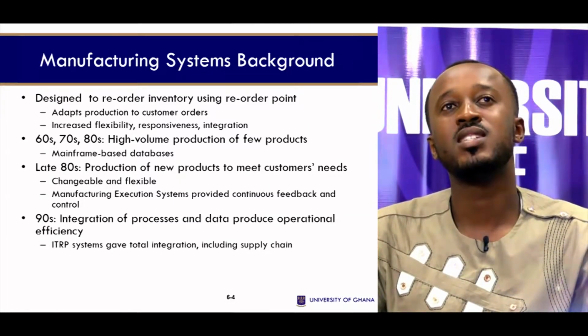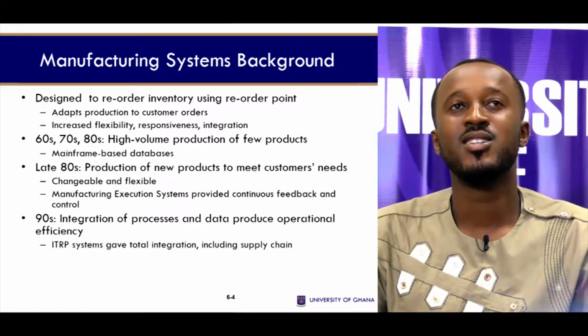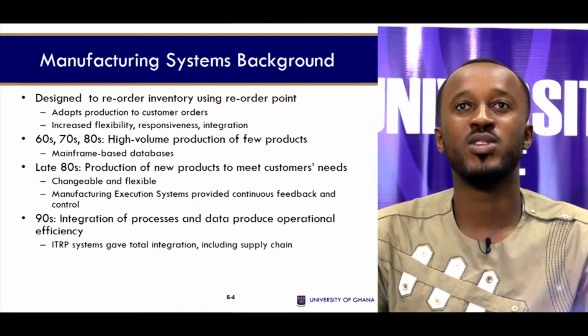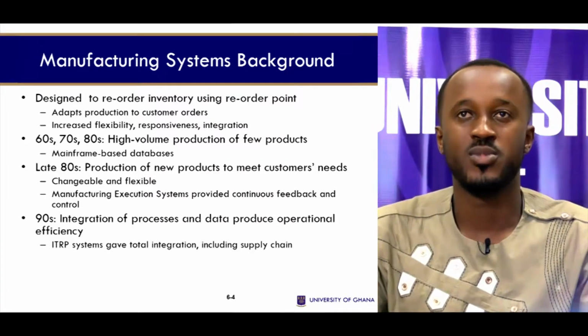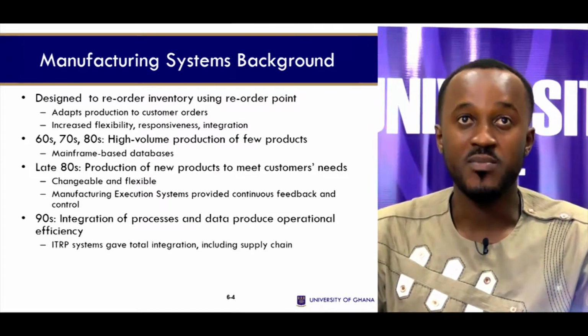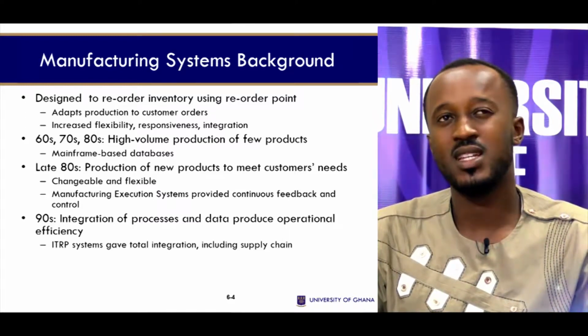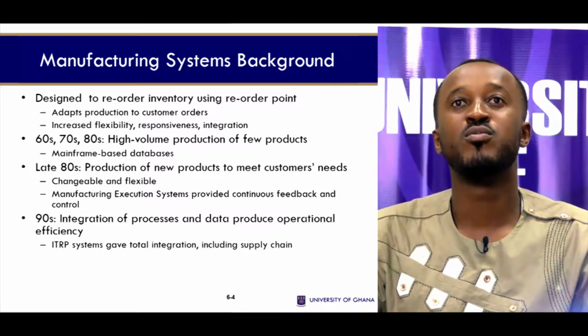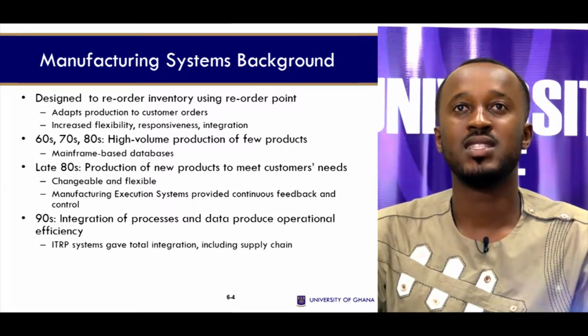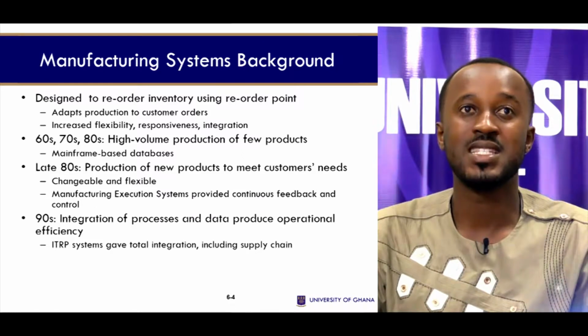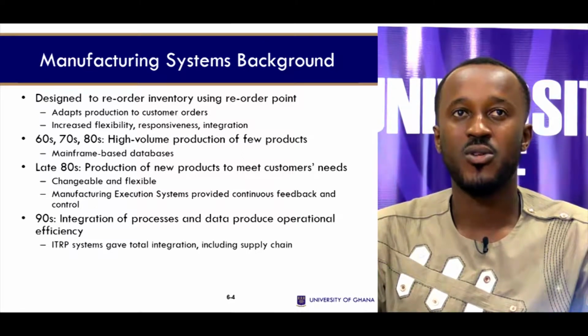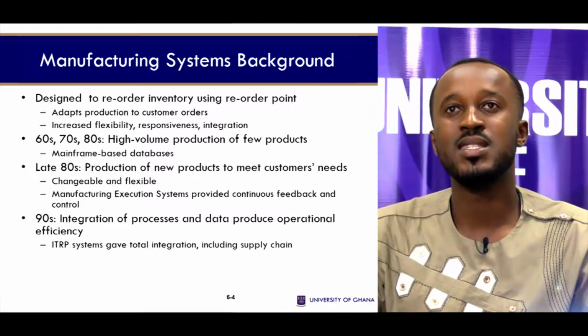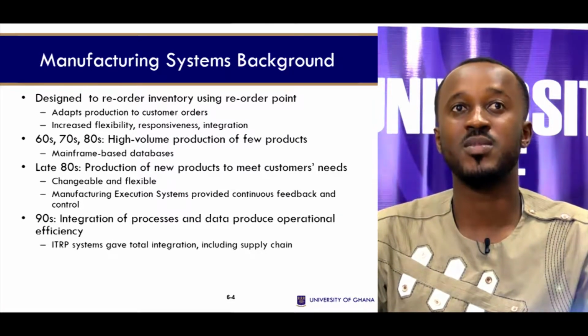Now, from the 60s down to the 80s, we're concerned with high volume production of few products. So mainframe-based databases were used. Then in the late 80s, the production of new products were looked at, and this time was to meet the customer's needs. This allowed for flexibility and the ability to have changes based on the customer's needs.